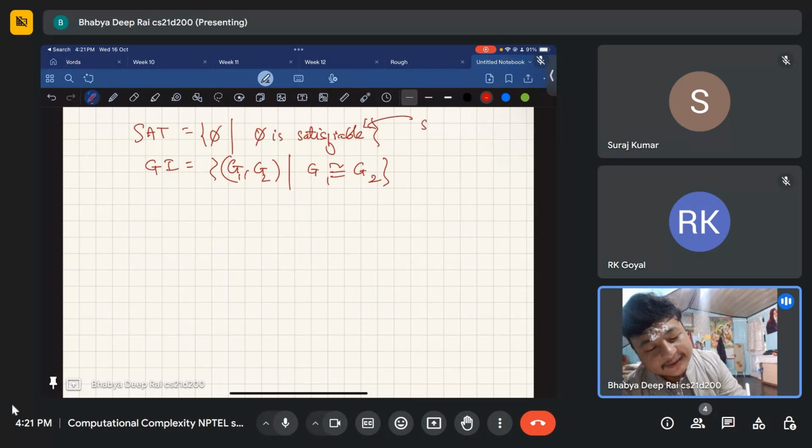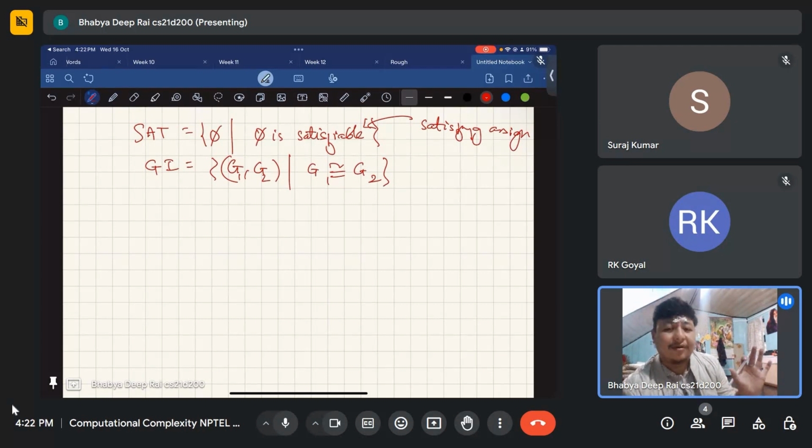For satisfiability, the certificate is the satisfying assignment. This is the certificate way of seeing it. The non-deterministic approach would be, I guess every possible assignment, and even if one assignment satisfies, my machine will accept. For graph isomorphism, I go across all possible permutations that assign different labelings. Even if one labeling is correct, I'll accept. That particular labeling which is correct is my certificate.